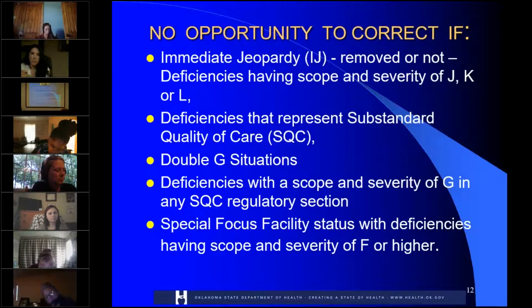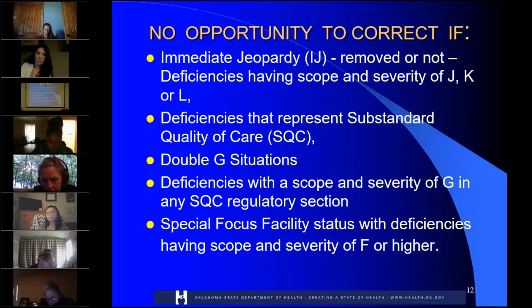So if it was highlighted in red again, and you get cited at G, you will have money penalties attached to it and a DPNA that will be bumped up a little bit quicker. G is not substandard quality of care, but if it is in that regulatory set, then it is a no opportunity to correct.